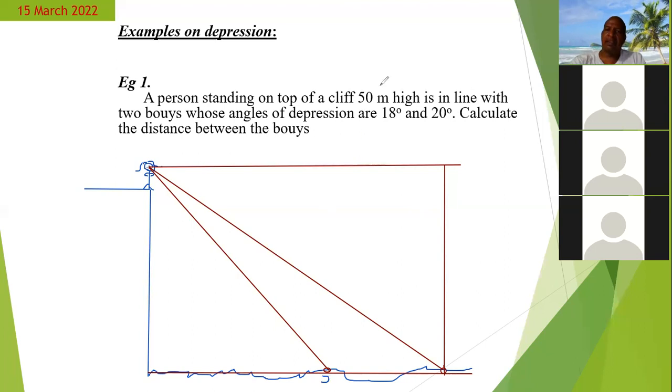Let's call this A, buoy A, and buoy B. And the distance between them, from A to B, is what we are calling X. So X is the distance between the two buoys. The distance from here to here is what we're trying to figure out.